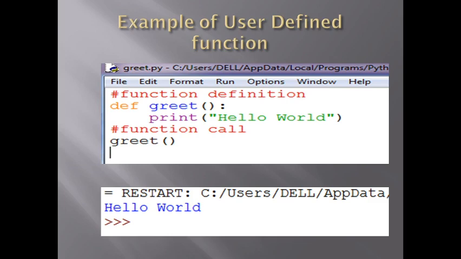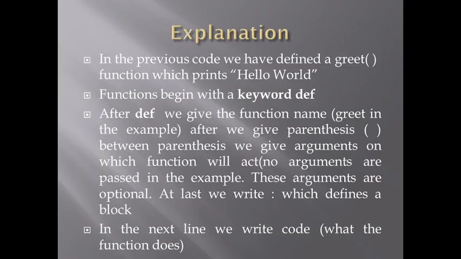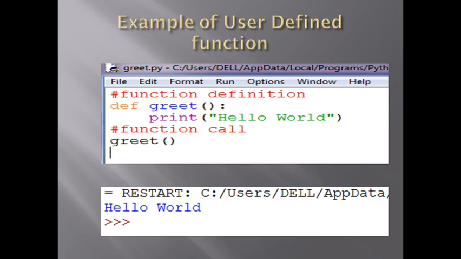There is a def keyword. The def keyword tells the compiler that we are writing a function. After the def keyword, we will write the function name. In this case, we have used the function greet. In the greet function, we have used a print statement that prints hello world.